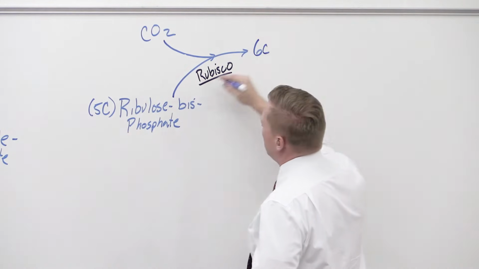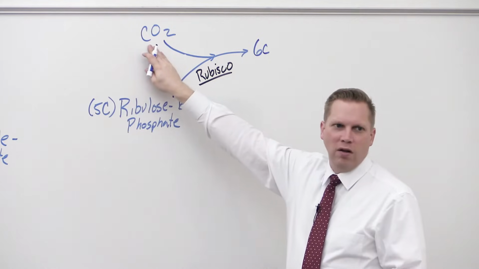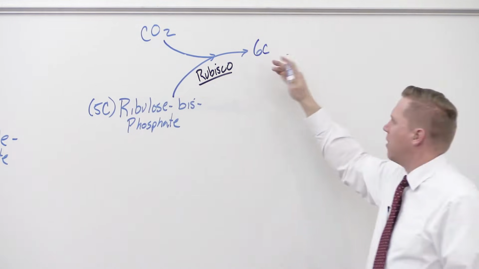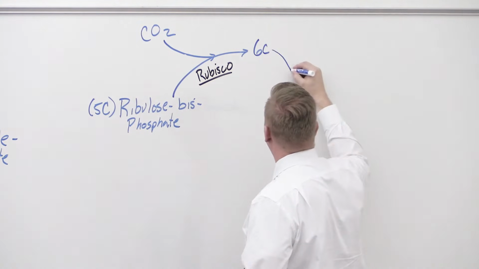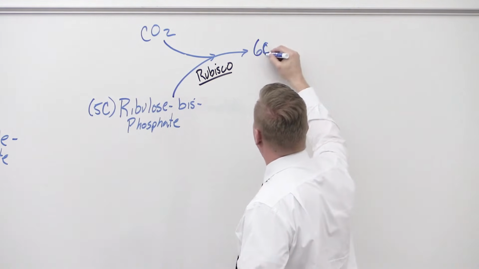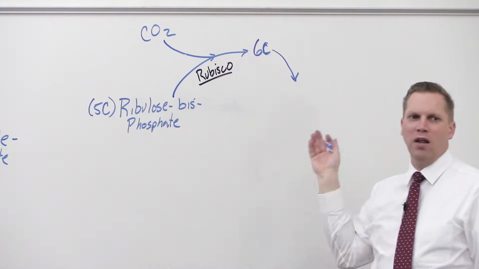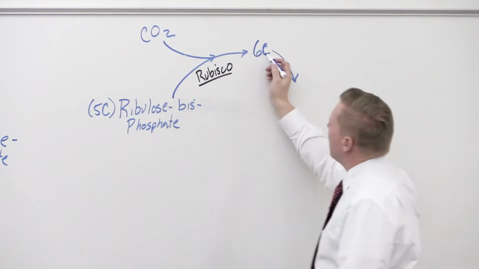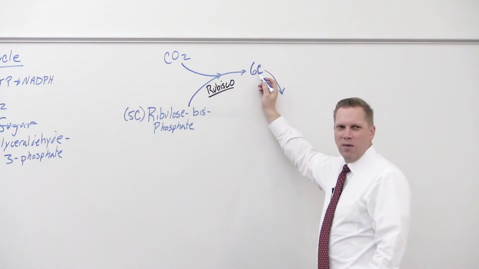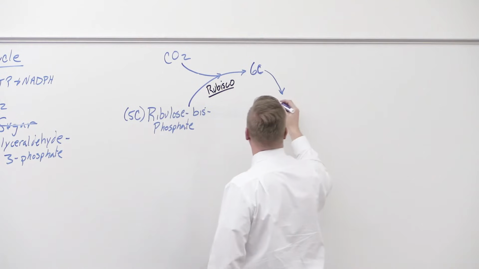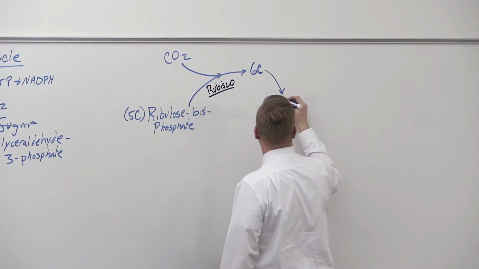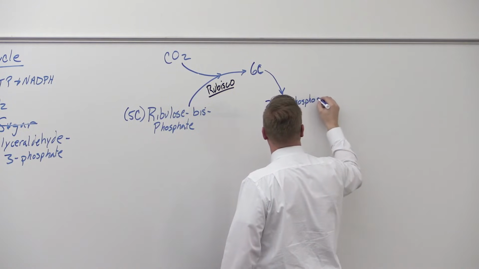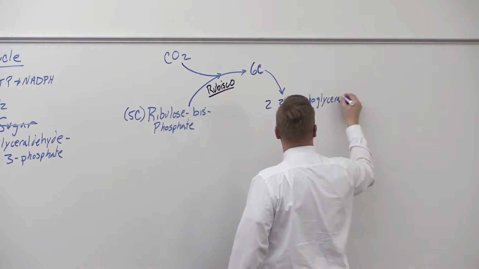And so when we take 5 carbons and we add the 1 carbon from CO2, we get 6 carbons. So that's just basic carbon math. And almost immediately, in fact, this one is so short-lived, that 6-carbon intermediate, we're not even going to worry about the name of it. We're just going to say there's a 6-carbon intermediate. And that 6-carbon intermediate is very unstable and immediately breaks down into 2 molecules of 3-phosphoglycerate.